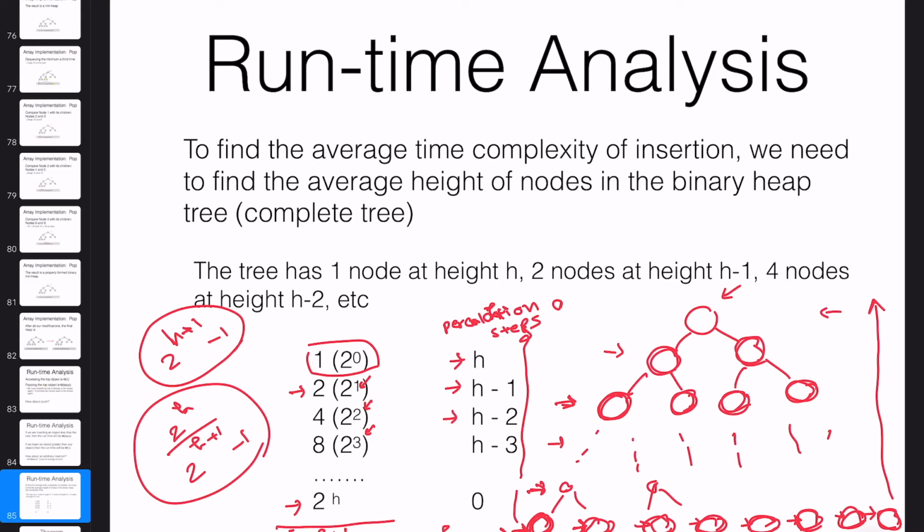So in total, if I want to calculate the number of percolations for all the nodes, I just need to multiply the number of nodes by the number of percolation steps that I need to apply, and get the average.